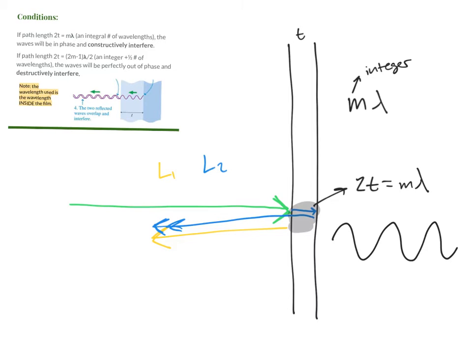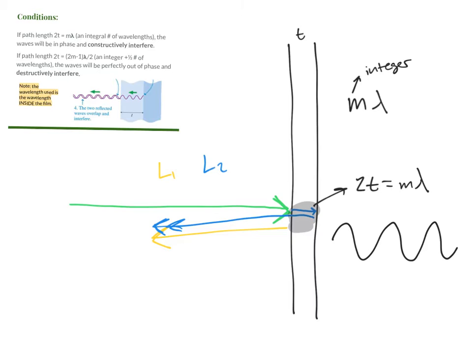However, if you wanted it to be destructively interfering, you would have to go into the material in a certain phase and go out of the material at the exact opposite phase. So you'd be in the opposite phase. To put something in an opposite phase, you have to move it by 1/2 wavelength.